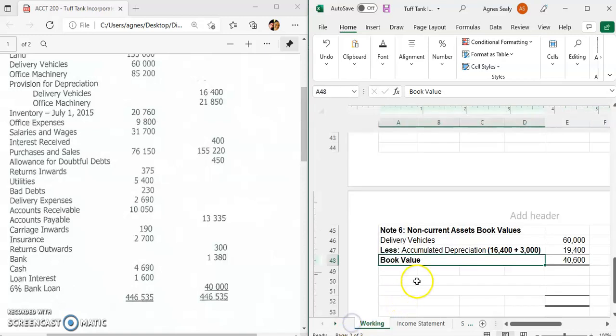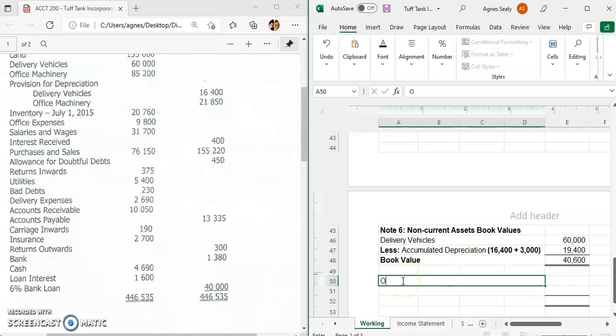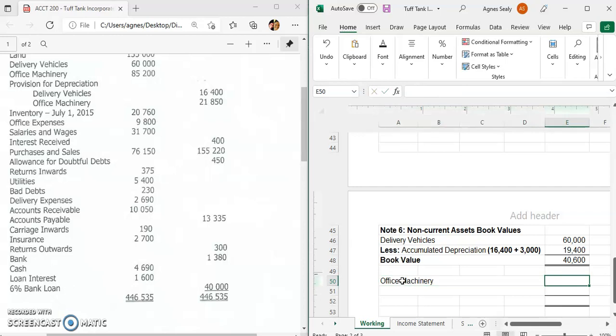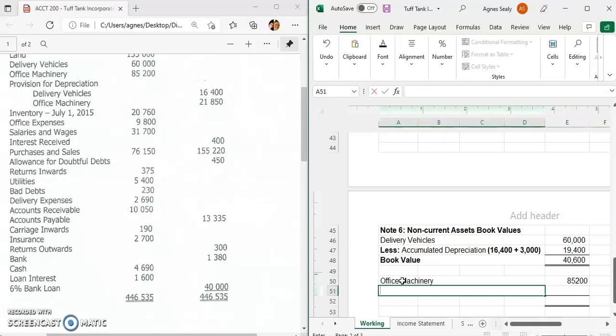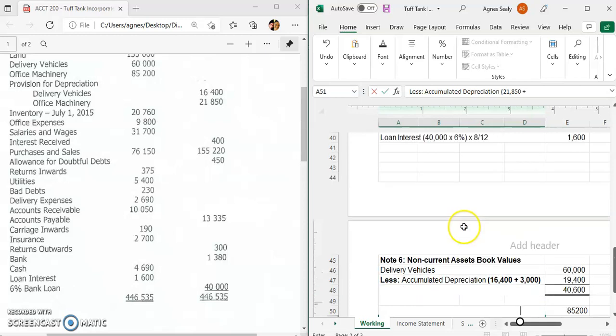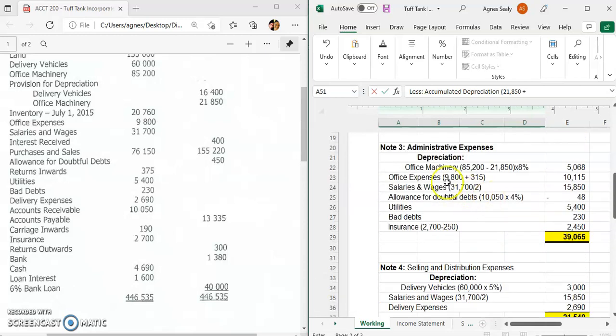So then let's look at our office machinery. The cost is $85,200, less accumulated depreciation, and that would be $21,850 plus what we would have calculated for the current year.